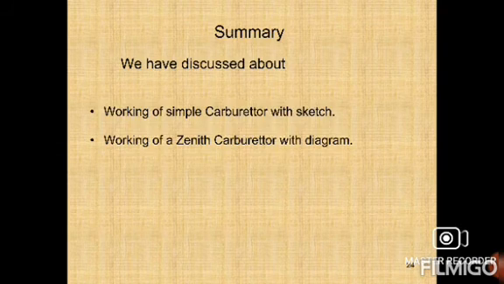In this class we have discussed the working of the simple carburetor and the working of the zenith carburetor. The simple carburetor is used to supply the same amount of air and fuel, and the zenith carburetor also supplies the main fuel to the engine cylinder. So these are the main things.